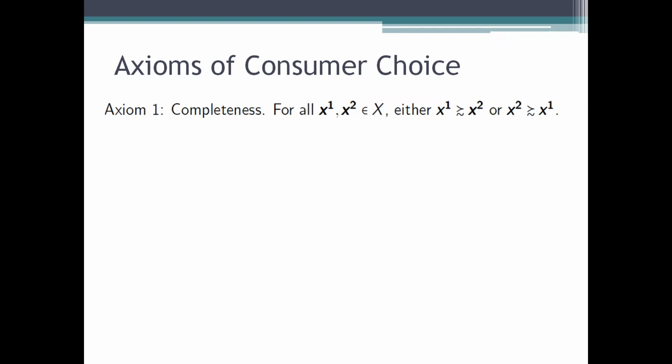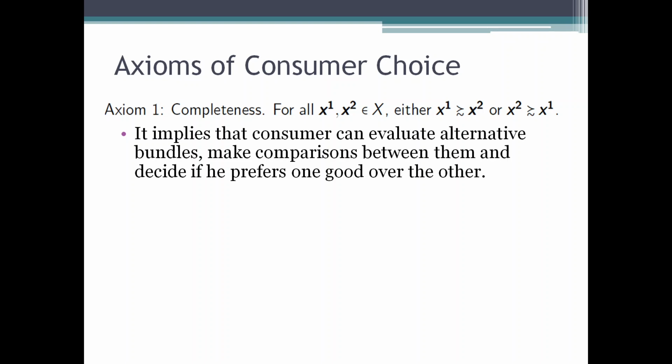So either X1 is at least as preferred as X2 for me as a consumer, or X2 is at least as preferred as bundle X1. It's either or. So this assumption implies that the consumer can evaluate various alternative bundles, make comparisons between them all, and decide if he prefers one good over the other.